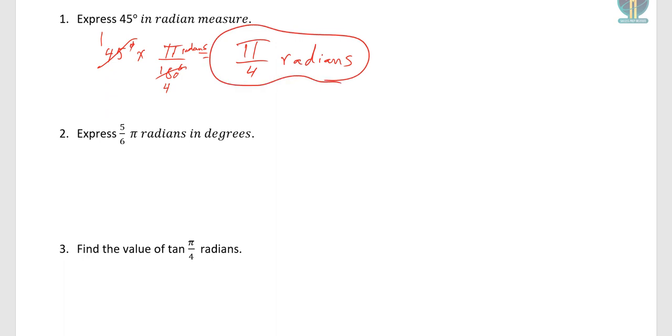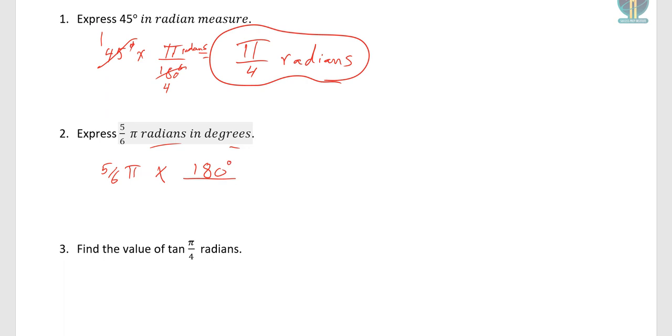Okay? Express 5 over 6 pi radians in degrees. So again, since we want to convert to degrees, we're going to multiply by the conversion term with degrees on top.